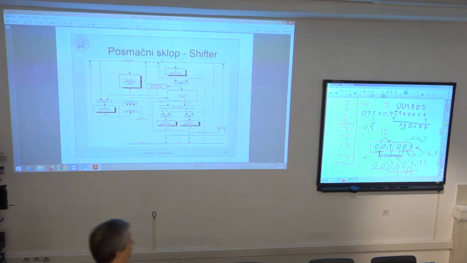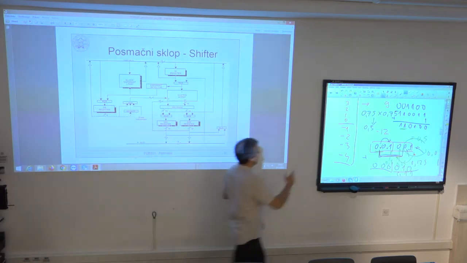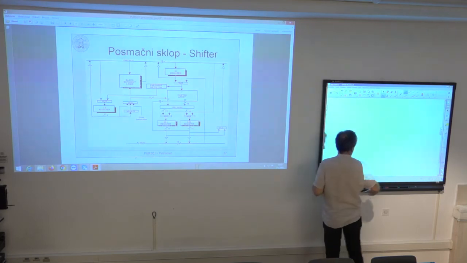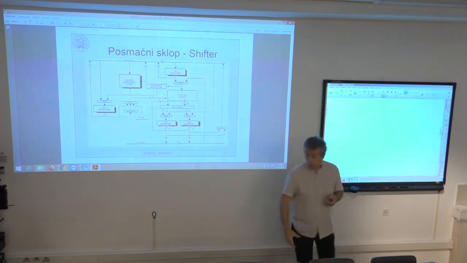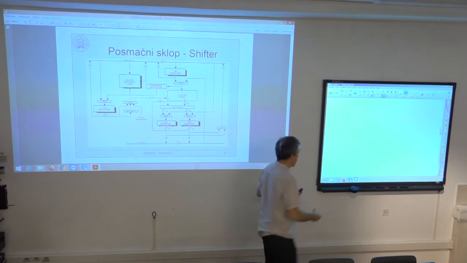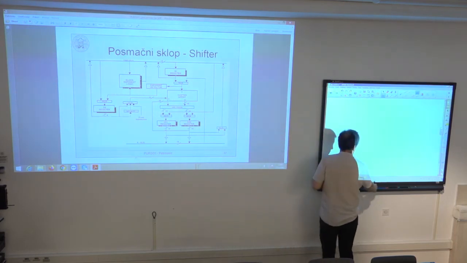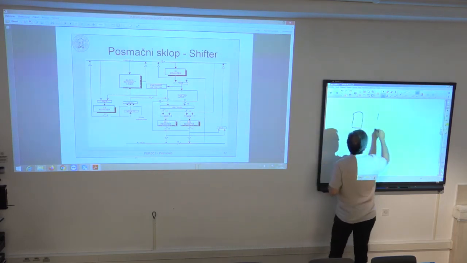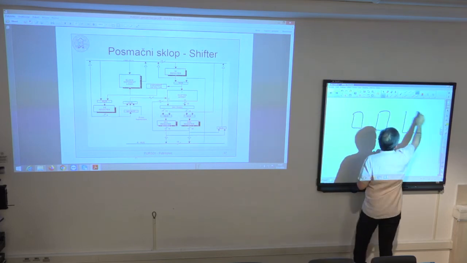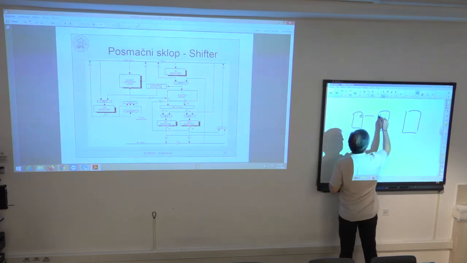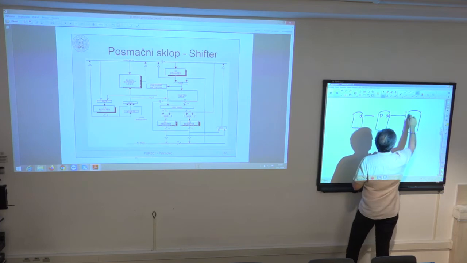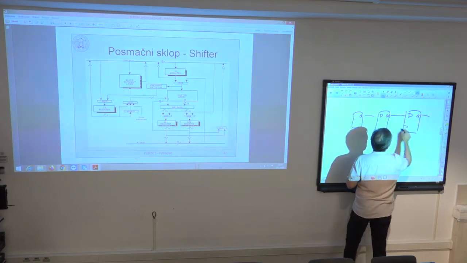And how is this performed? Instead of really using a shift register, because a shift register is nothing else but a set of flip-flops, a set of D flip-flops, which are connected Q to D, and which are run with the same clock signal.